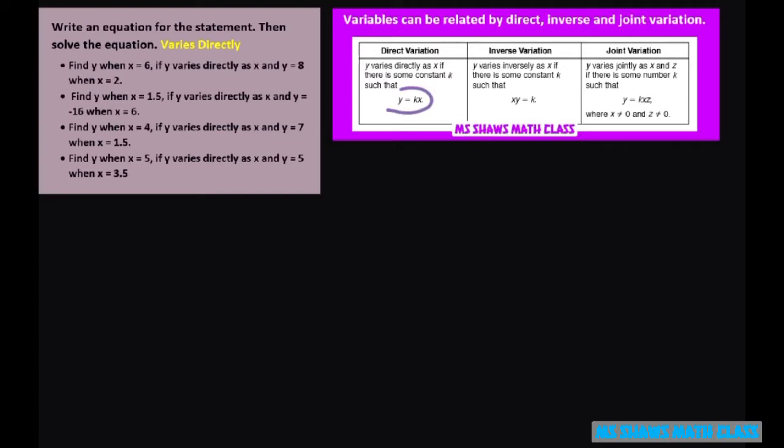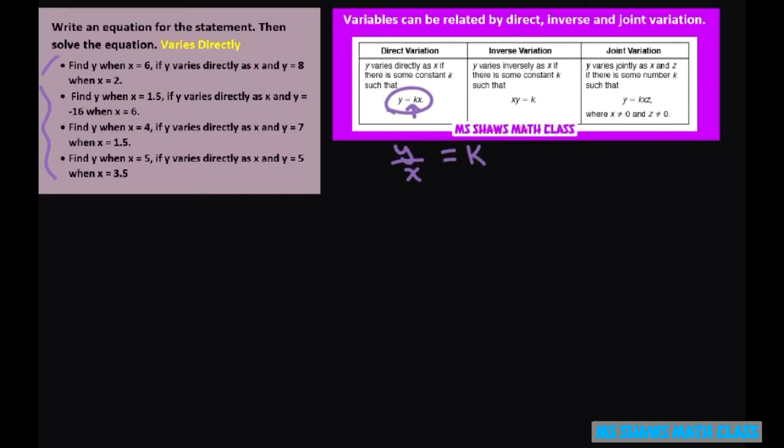It's like this. We're going to write it as if you solve for k, which is what we're looking for. And we're trying to find y on all of these. So we could say y divided by x equals k.